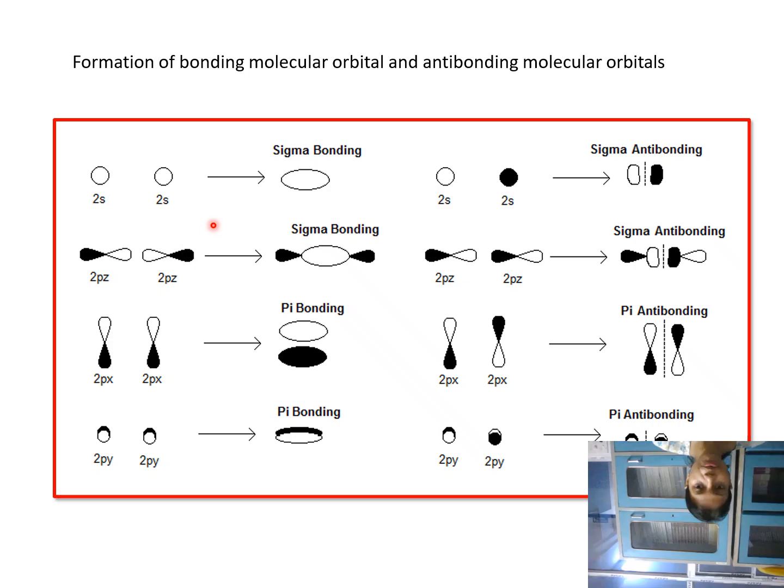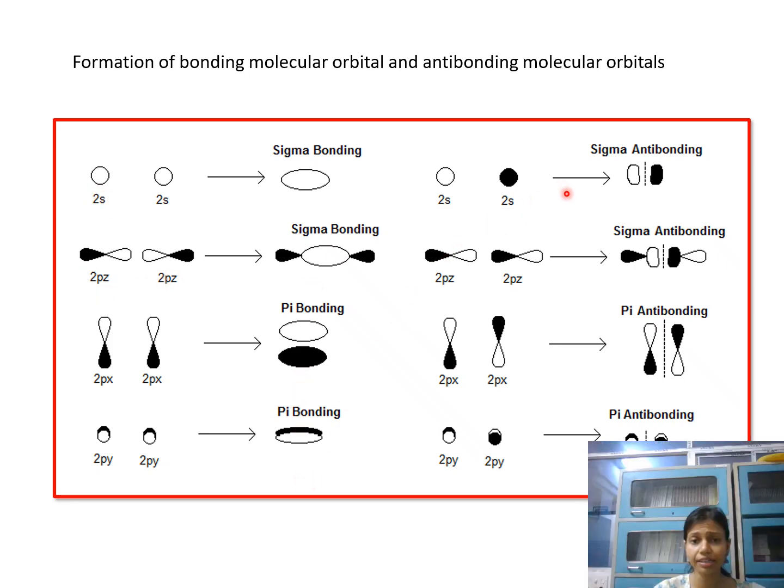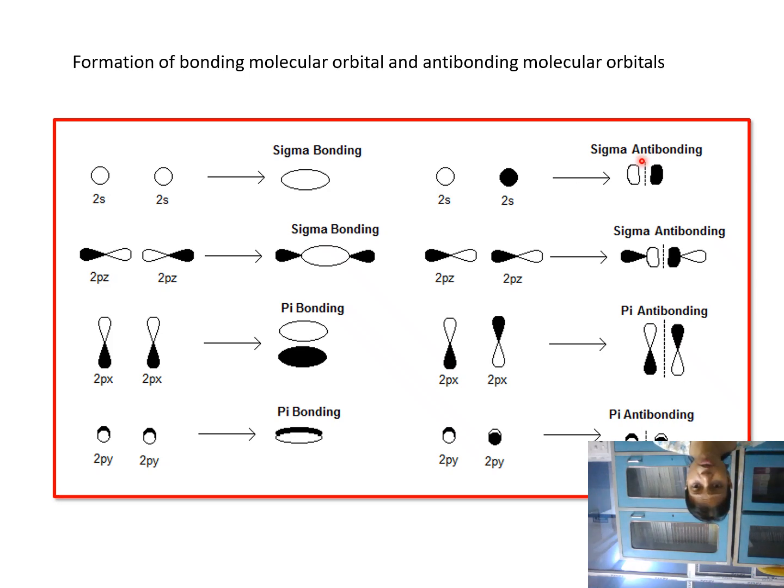So we will see how the orbitals look when they are overlapping in the same phase or different phase. These pictures you have already seen, when they are in the same phase, how the molecular orbitals look. When they are in a different phase, anti-bonding will form.